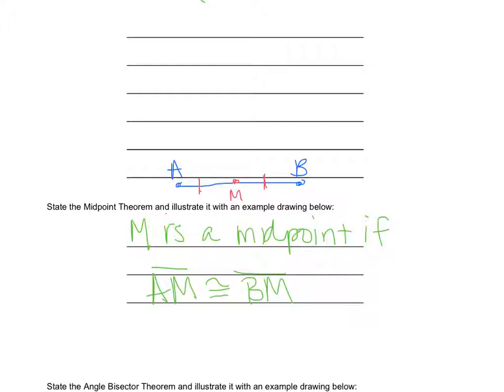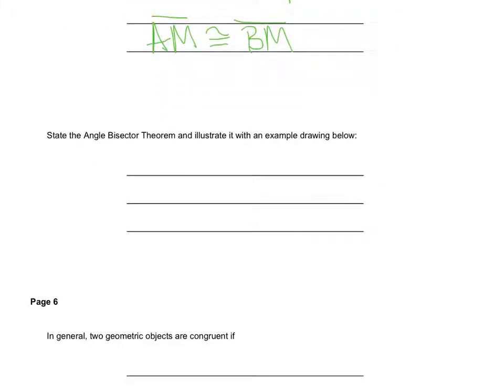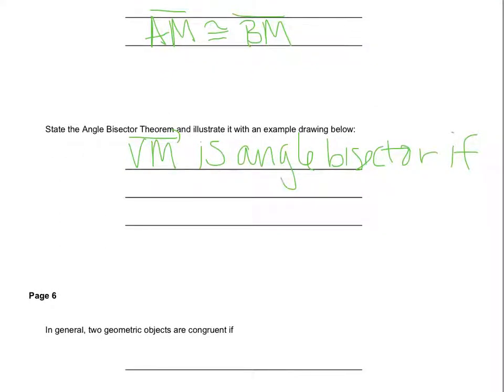So the same thing is true for the angle bisector theorem, which says that ray VM is an angle bisector if and only if angle AVM is congruent to angle BVM.